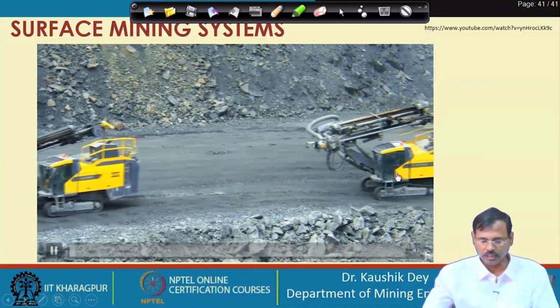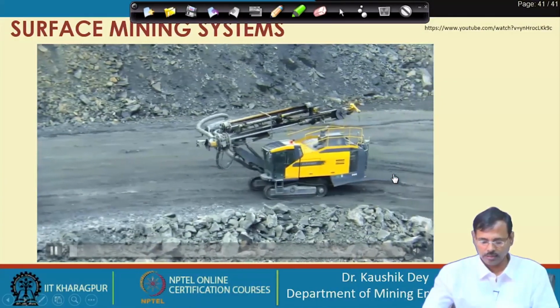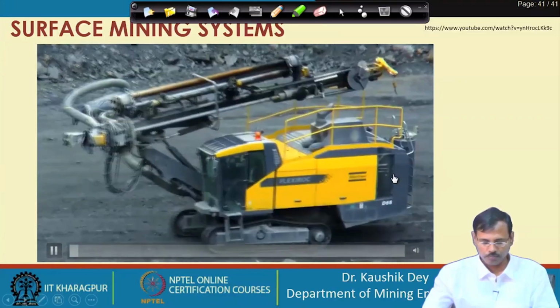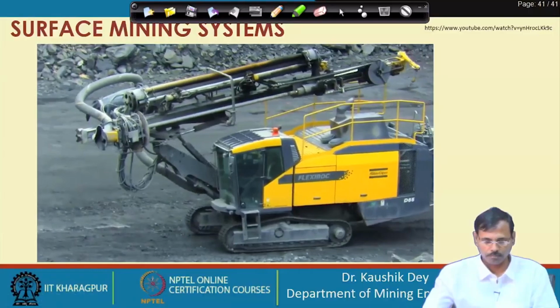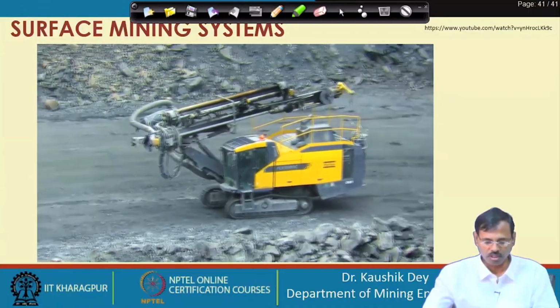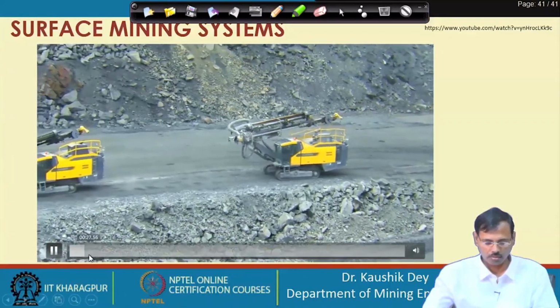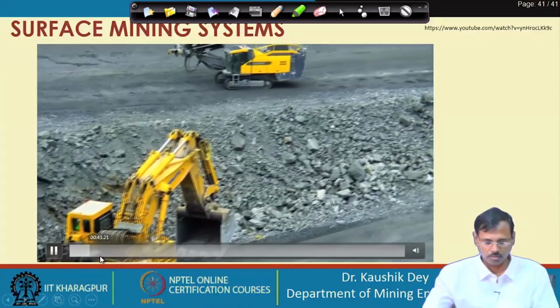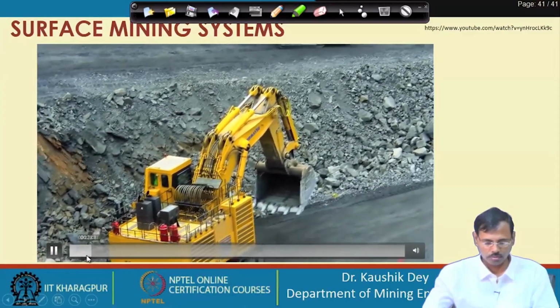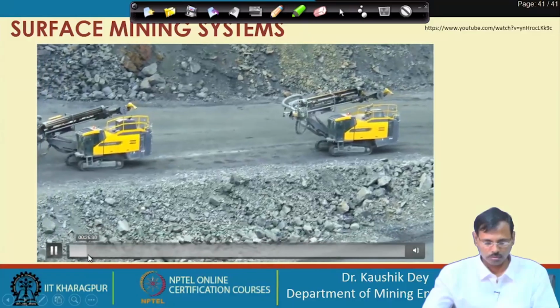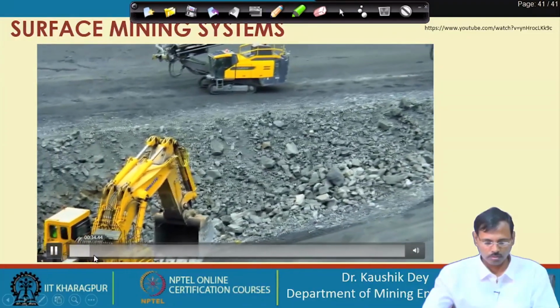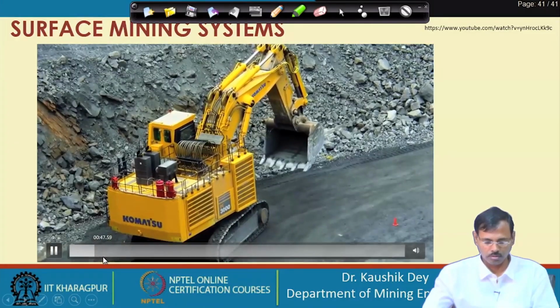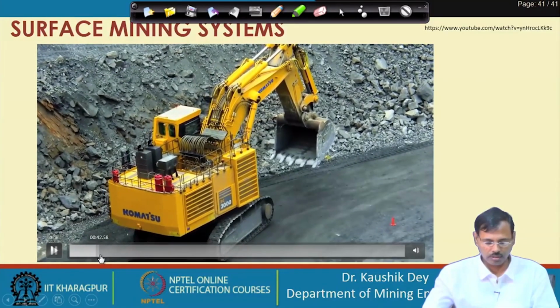You can see these are the drill machines. This is the excavator.